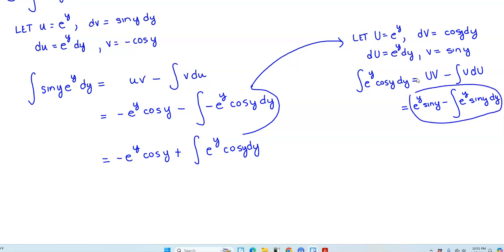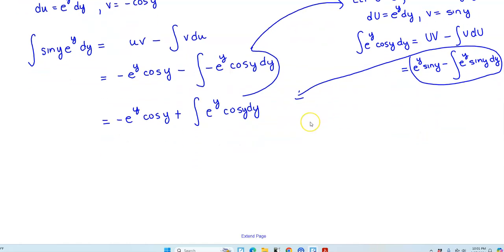So now we're going to substitute that in for this. So we have negative e to the y times the cosine of y plus e to the y times the sine of y minus the integral of e to the y times the sine of y dy.